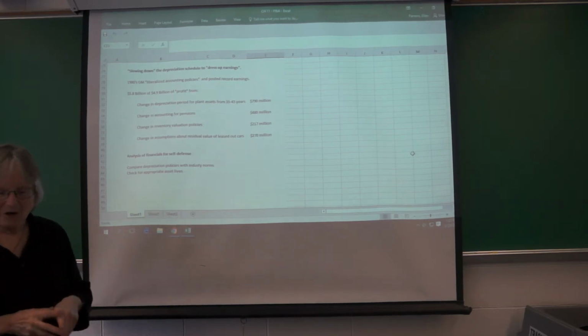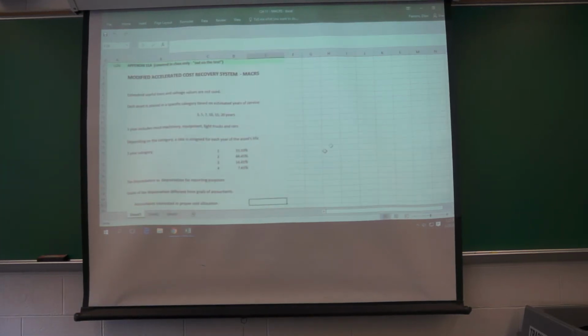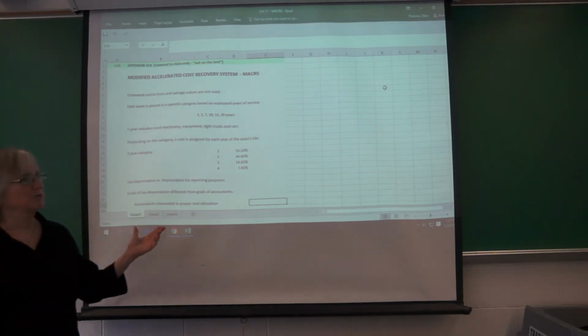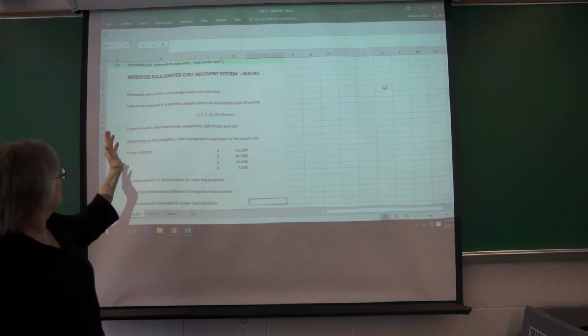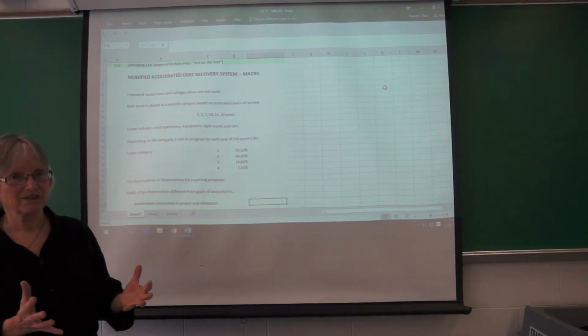Things like that. Okay, so the other thing that I want to take a quick look at, and we don't really cover this, but you should be aware of it, is that for tax purposes, what is used is the Modified Accelerated Cost Recovery System, MACRS. You should be aware that that exists.